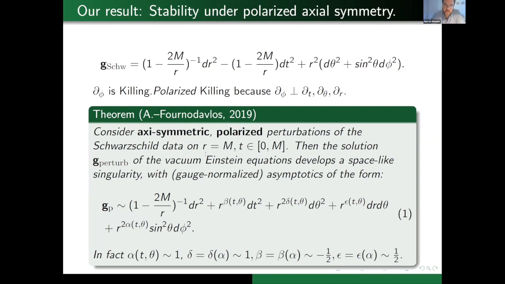Okay, let me say a word about the result. So this is in axially symmetric and polarized perturbations. Okay, you might wonder, what if I extend the class of perturbations I look at? So in one direction, if you take away the polarized condition, the result is false. It's not true trivially because the Kerr solutions are axially symmetric, of course, but non-polarized.